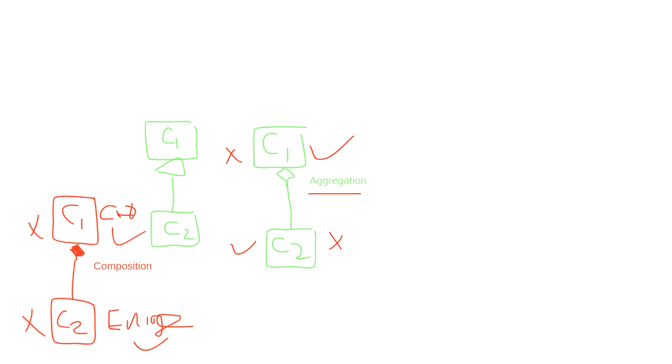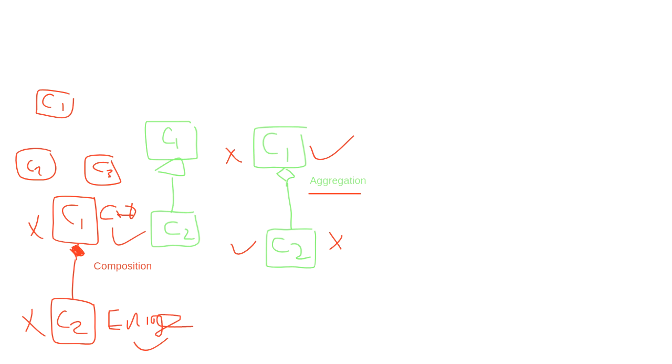Another thing is generalization. Generalization is nothing but inheritance only, as I have told you in the beginning. In generalization, you will have multiple inheritance kind of stuff. For example, you have one class, and you have class 2, class 3, class 4, and so on.